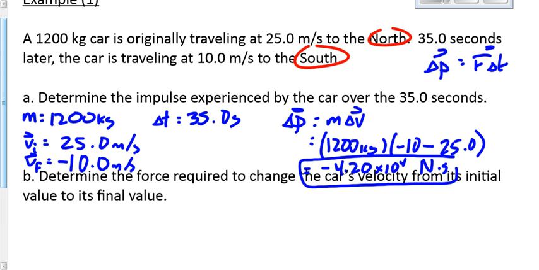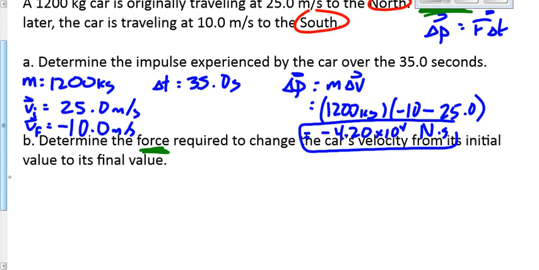Question B, this is a little more subtle, but I'm going to point out to you this. When I see force and time in the same question, this is what I'm going to do: impulse. It's not the only way to do a question, but it's a nice, tidy, efficient way to do a force-time question when you have impulse.